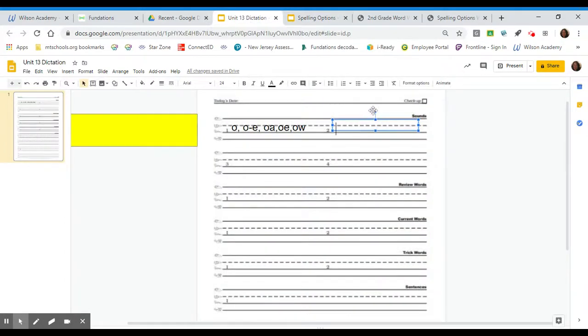So now, E says E. E, consonant E says E. E-A says E. E-E says E. And E-Y says E. Make sure you have all 6 written down.